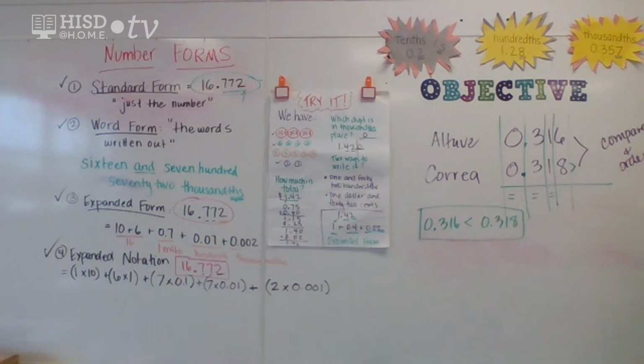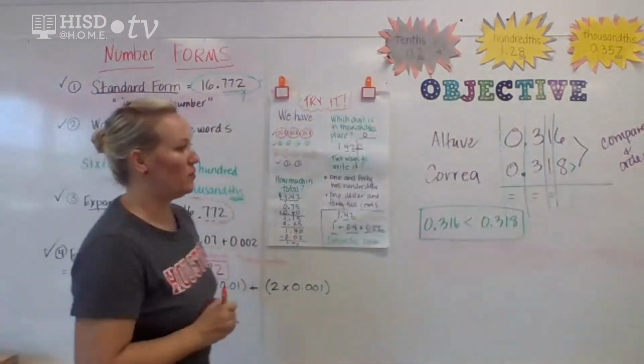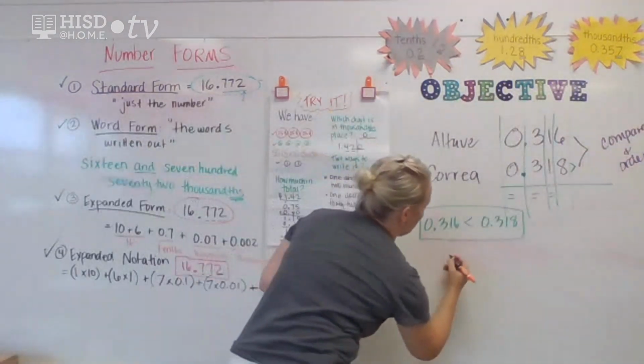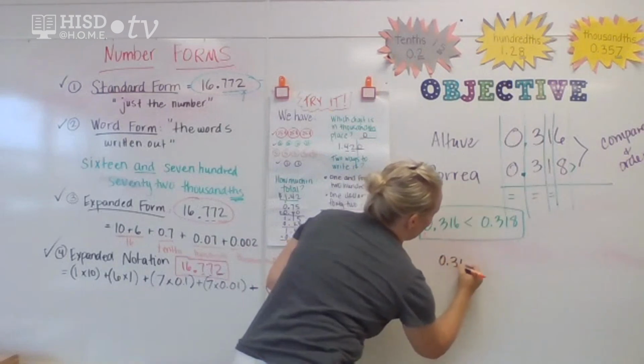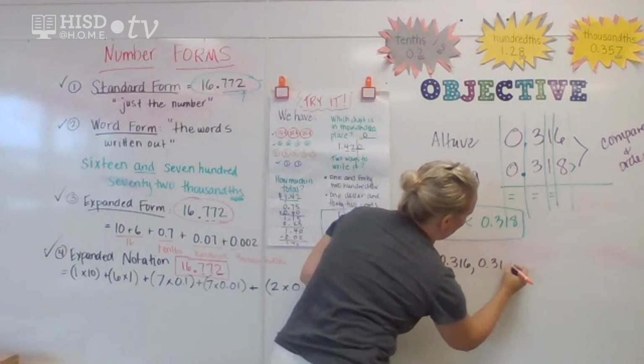So that's comparing. And if you put them in order, say in this particular case, from least to greatest, you could say 0.316 is the smallest, followed by 0.318.